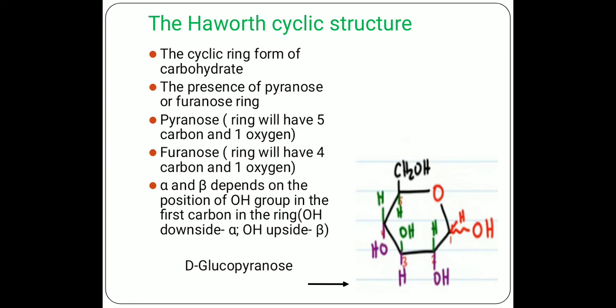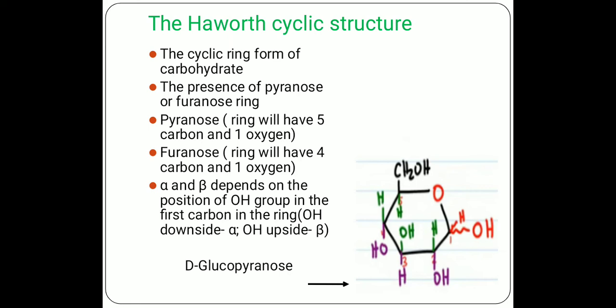Haworth cyclic structure. The cyclic ring form of carbohydrate. The presence of a pyranose or furanose ring. Pyranose means a ring that has 5 carbons and 1 oxygen. Furanose means the ring has 4 carbons and 1 oxygen. Alpha and beta depend upon the position of the OH group on the first carbon in the ring.